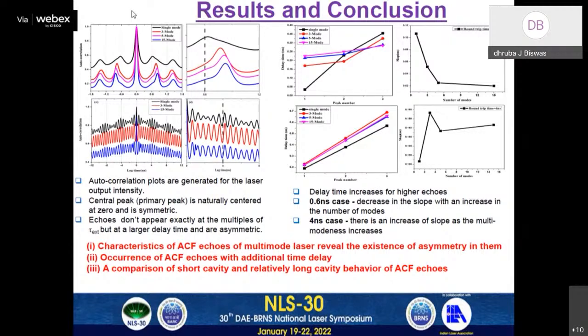Interestingly, for lesser cavity length, the slope is decreasing as the multimodeness increases, and for the higher cavity length, the slope is less for the single mode case and is increasing as the multimodeness increases. So further studies are required to understand why the cavity length changes the effect, and from here the delay echoes are asymmetric and the shift is more pronounced.